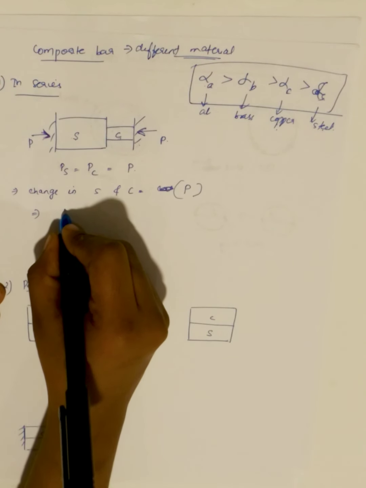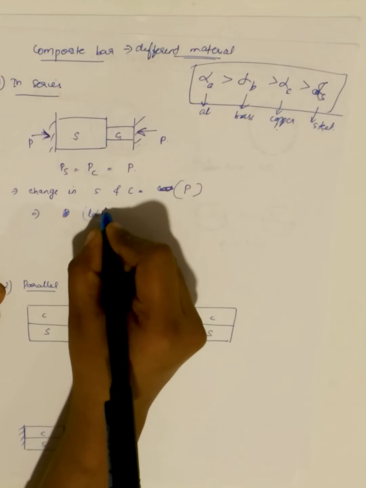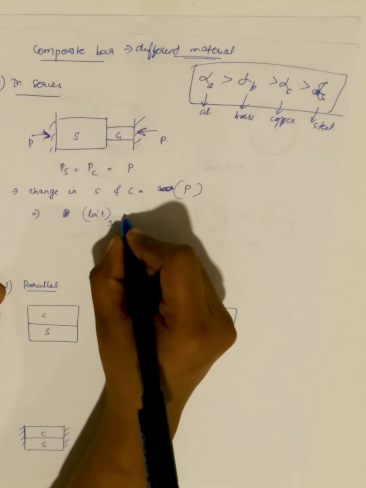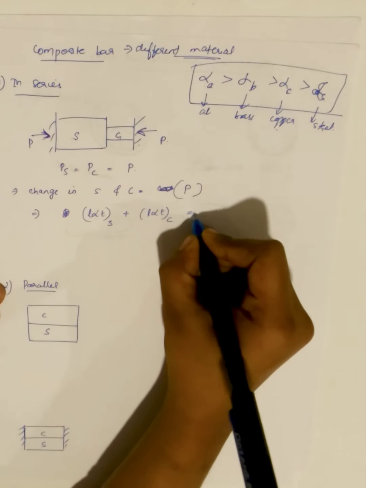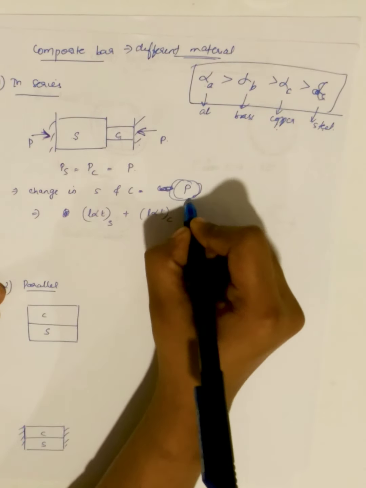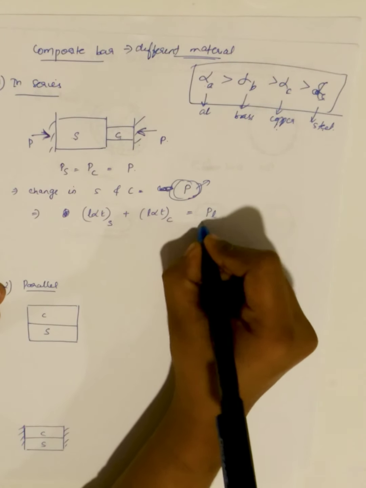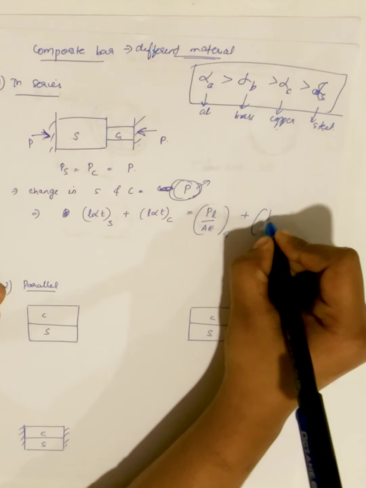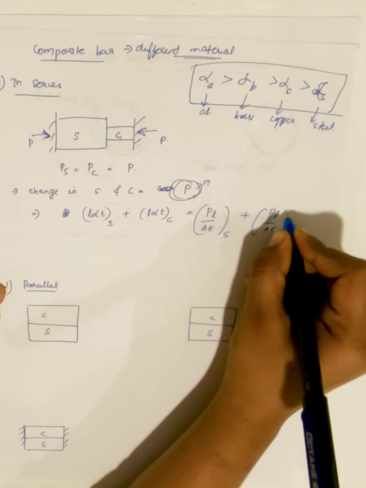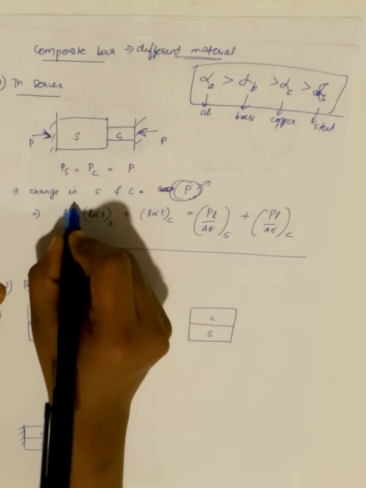Change in steel and copper means L alpha T of steel plus L alpha T of copper, that will be taken by the loads. Loads means here PL by AE of steel plus PL by AE of copper. So this will be our condition here.